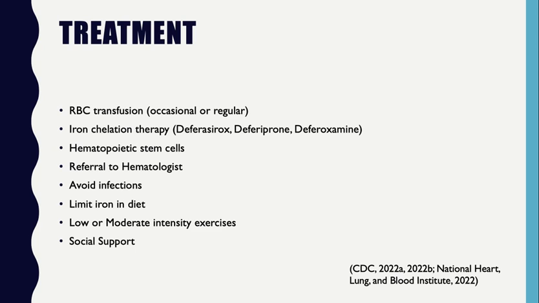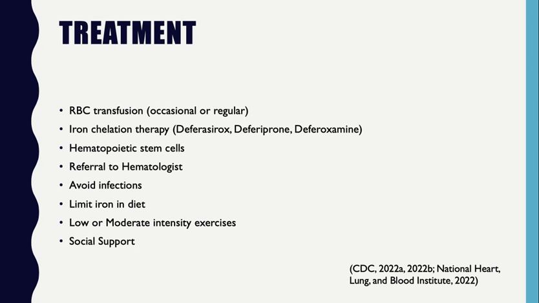Treatment. This is going to depend on thalassemia major versus thalassemia minor. So if you have thalassemia minor, you might not require red blood cell transfusions. However, if you have thalassemia major, you are definitely going to require these. However, you might need them on a regular basis, or you might be able to get away with occasional red blood cell transfusions.